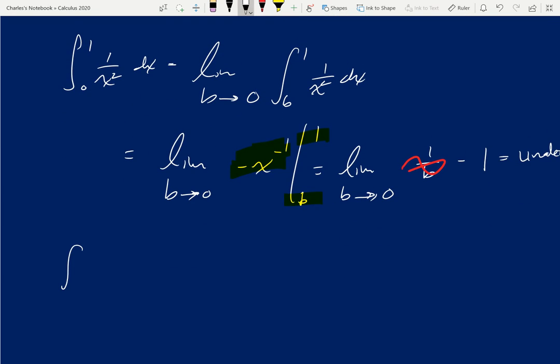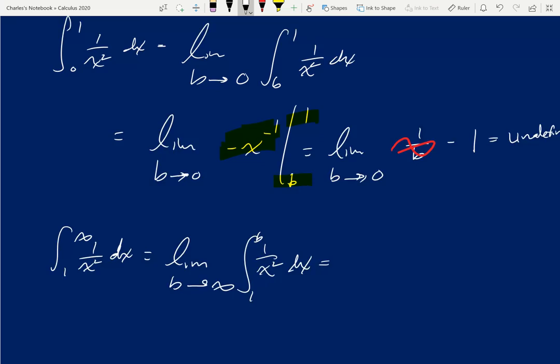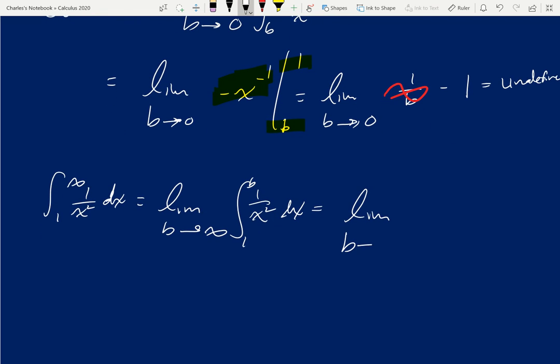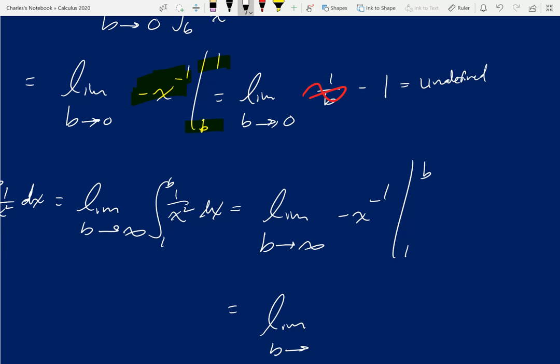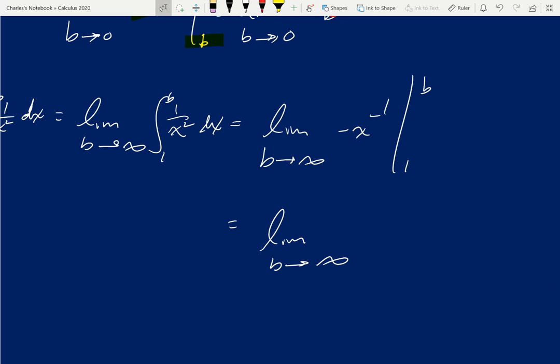And if I do the other side, the integral from 1 to infinity, I'm going to get the same thing, negative x to the negative 1 evaluated from 1 to b, which is the limit as b goes to infinity of 1 minus 1 over b.